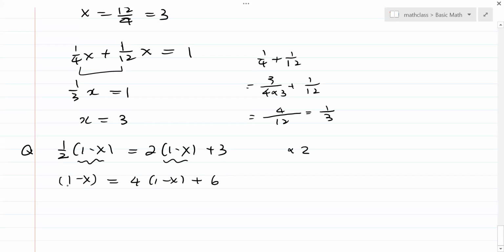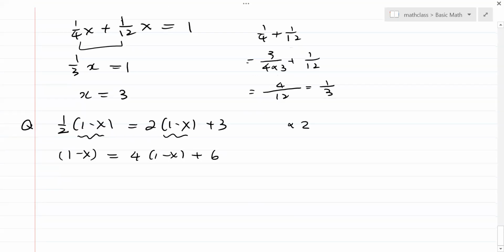I'm not going to multiply this out. What I'm going to do is view 1 minus x as one part. Then I move this term all the way to the left. So (1 minus x) minus 4(1 minus x) equals 6. So 1 minus 4 will be negative 3.